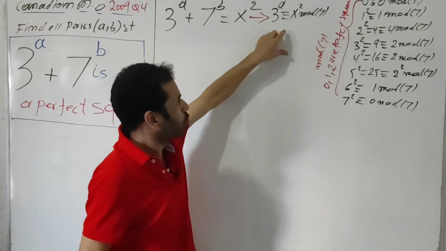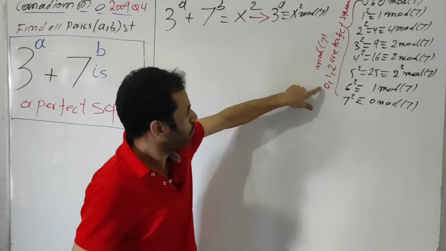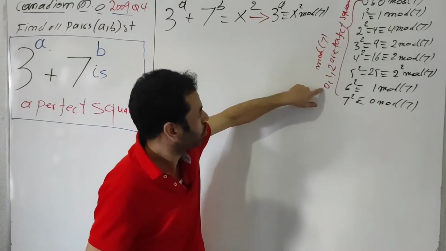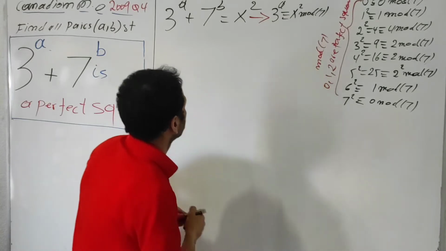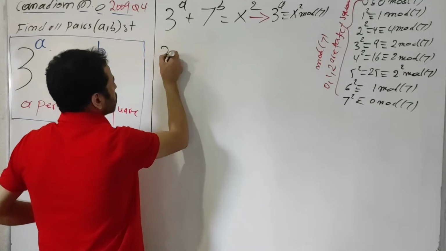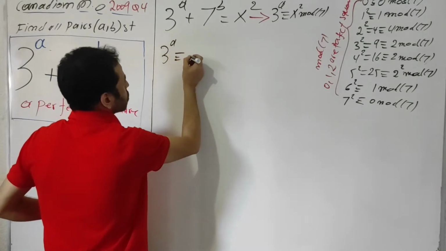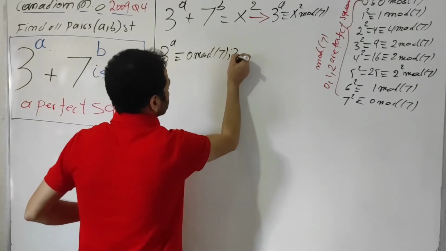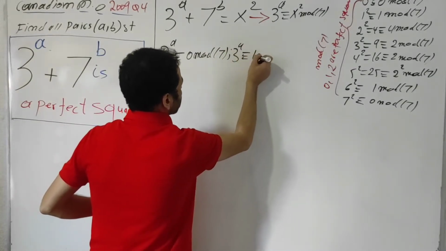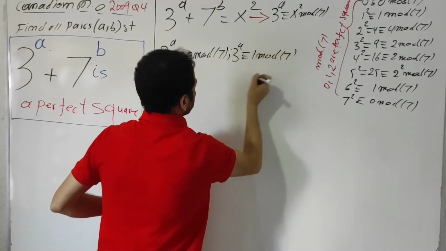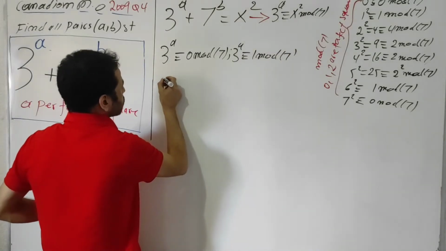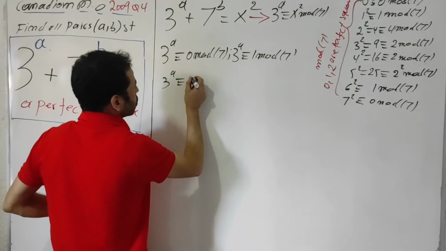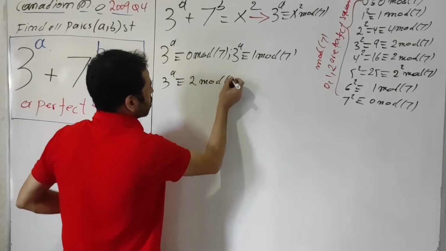Now we check where we have perfect squares. We have perfect squares at 0, 1, 2 and 4, so I will write 3 to the A is congruent to 0 mod 7, 3 to the A is congruent to 1 mod 7, and also 3 to the A is congruent to 2 mod 7.